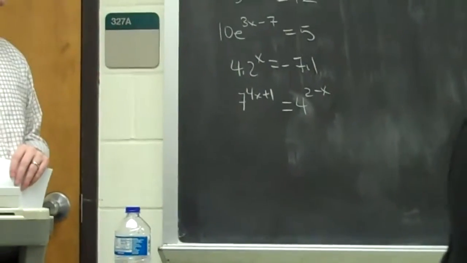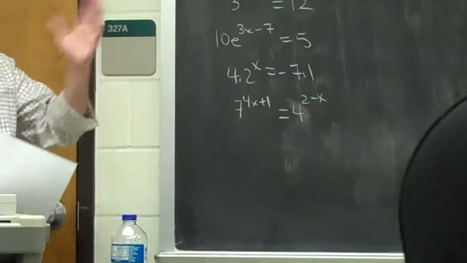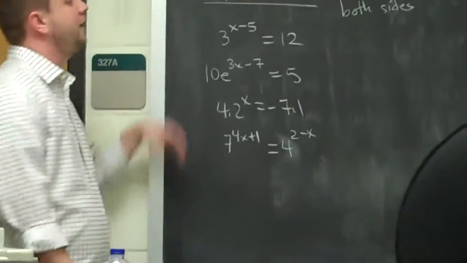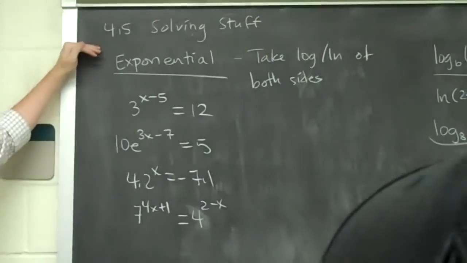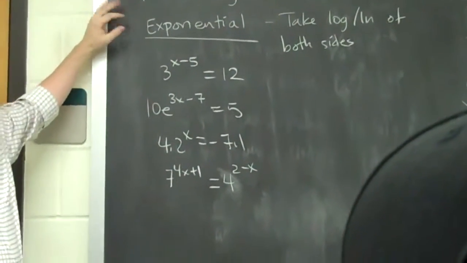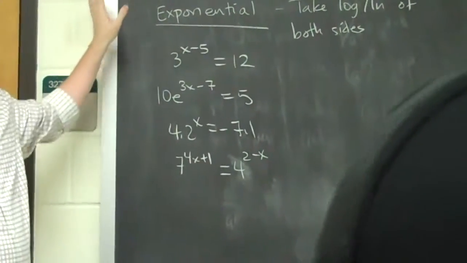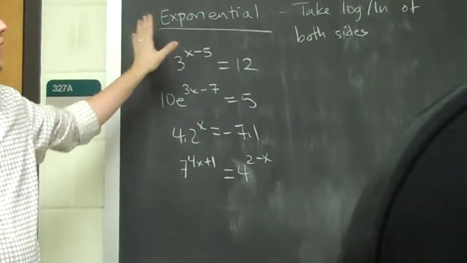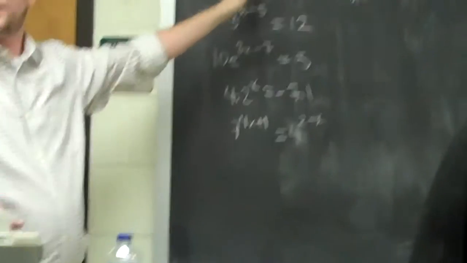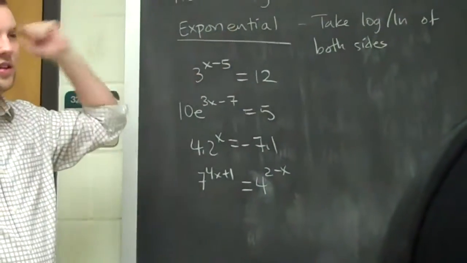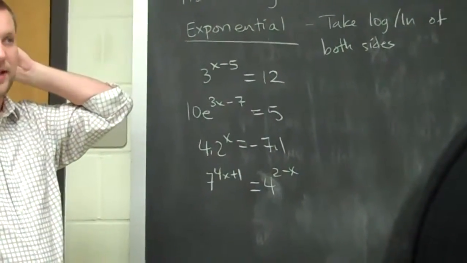Okay, so our strategies from last time essentially said this. If you have an exponential equation, unless you want to be slick and use that cheat we talked about back in 4.2, where you try to get a common base, what I'm going to recommend, which works for any kind of exponential equation, is take either the common log or the natural log of both sides.